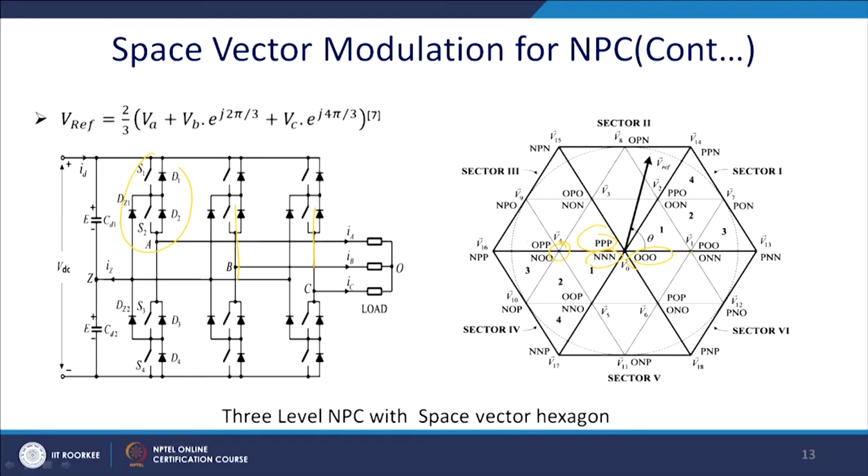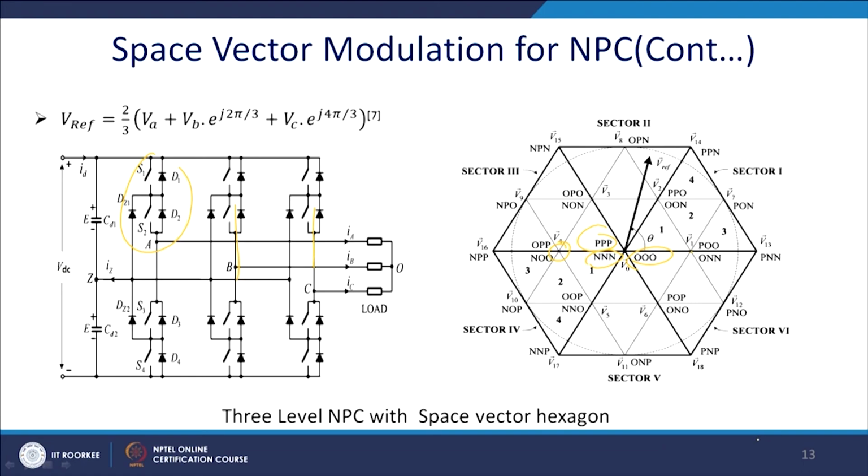In the same way there will be a mirror image: you can have O P P, or you have N 0 0, for V1 and V4. So, see that these half vectors can be generated. There are 6 half vectors and we have 12 combinations. So, you have a greater amount of flexibility.